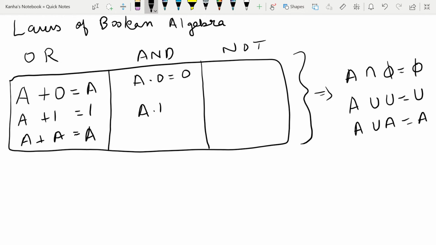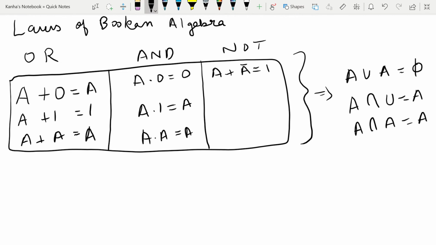So A dot 1 is equal to A. What this means is A intersection the entire universal set is A, and the third law is A dot A is equal to A, which implies that A intersection A is equal to A. Similarly for NOT, A plus A bar is equal to 1, so A union A complement is equal to U. If I write A dot A bar, I will find it to be 0.